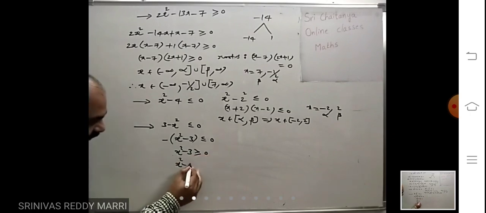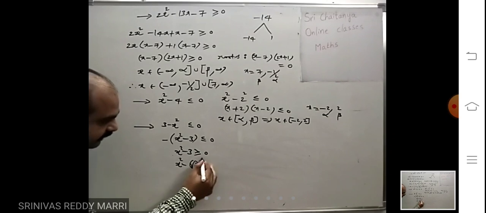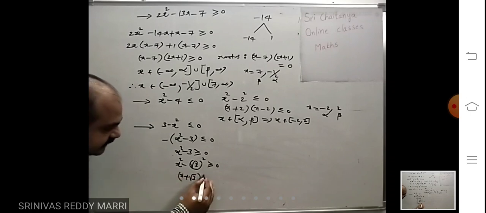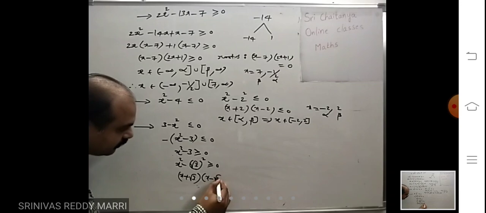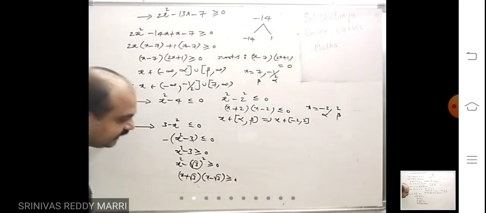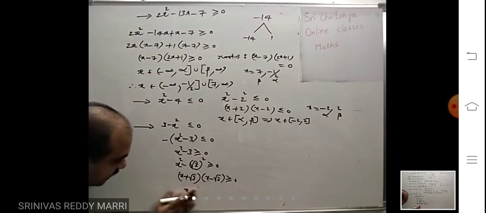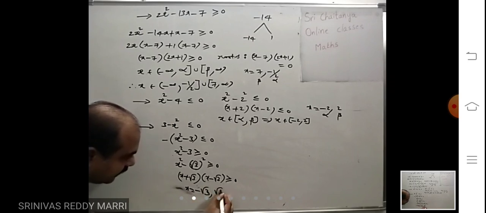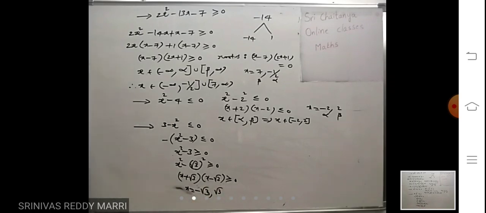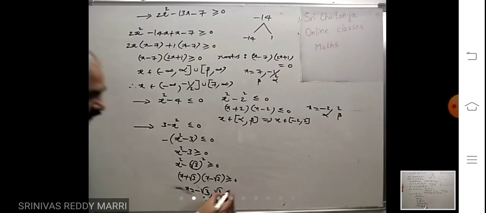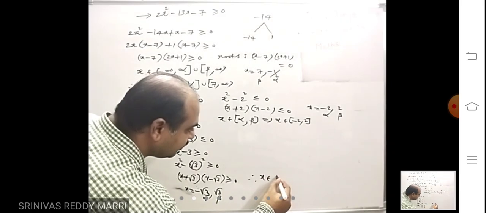Now write a perfect square. Root 3 whole square. That means x plus root 3 into x minus root 3 greater than or equal to 0. Right? What are the roots? If this is 0, what are the values of x you will get? X equal to minus root 3 comma root 3. That means alpha is minus root 3, beta is root 3. Therefore, what is the solution set?